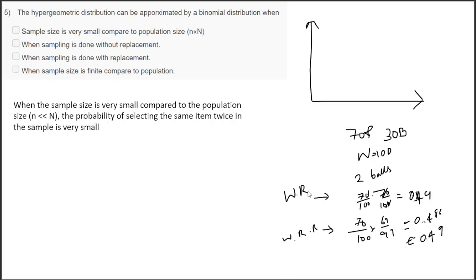And so we can consider the hypergeometric distribution to be a binomial distribution, because with replacement or without replacement becomes immaterial, because both the values are close. So the sample size is very small compared to the population, and even when sampling is done without replacement, as in a hypergeometric distribution, it won't affect the result when the sample size is small compared to the population size.